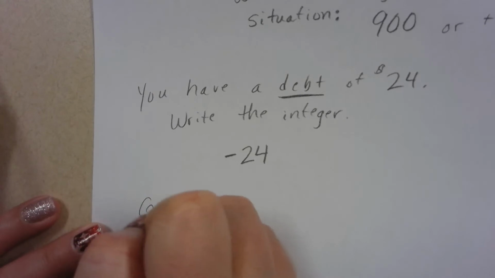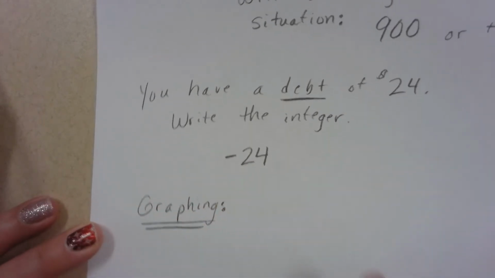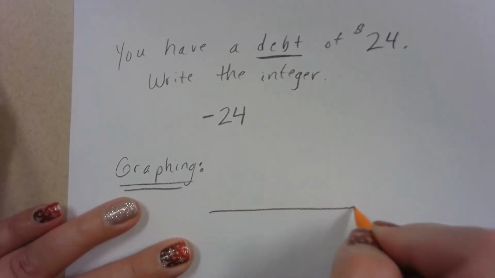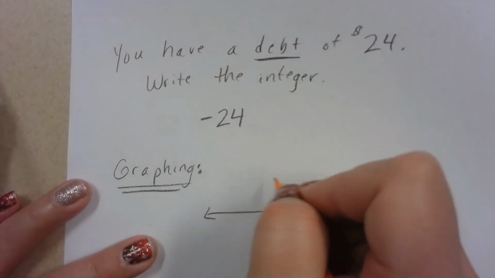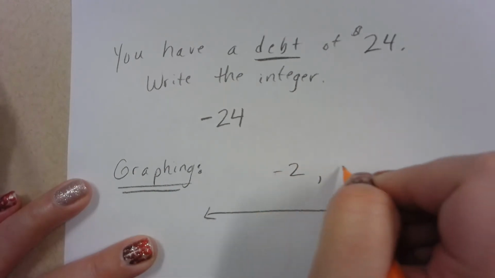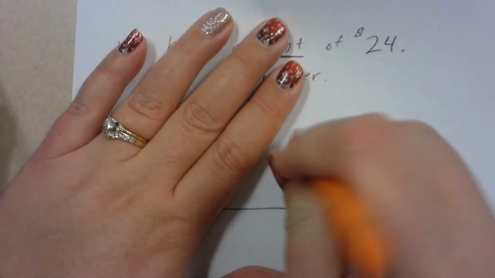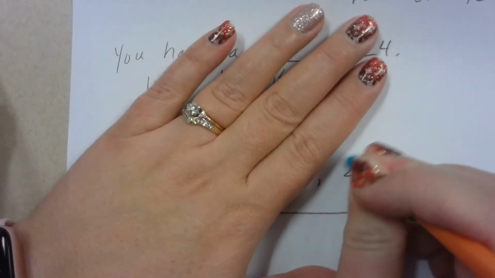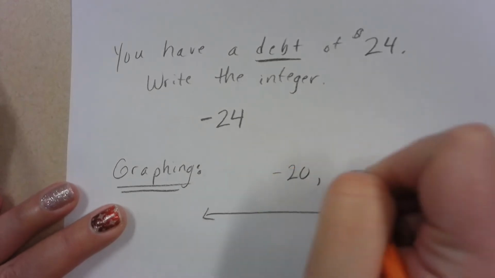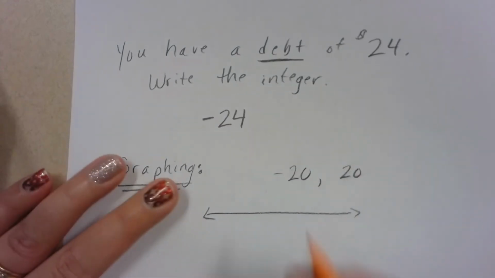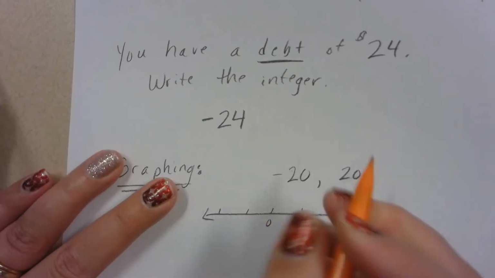So graphing. Let's say you're given -2 and 2. We already did -2 and 2. Let's do a different one. Let's do -20 and 20 on the number line. So we're going to go 10, 20, -10, -20.